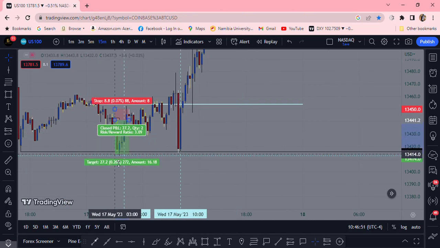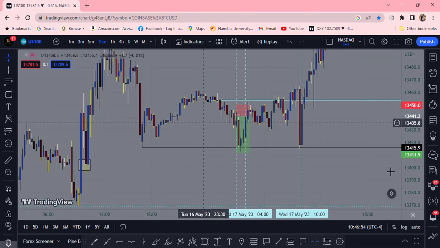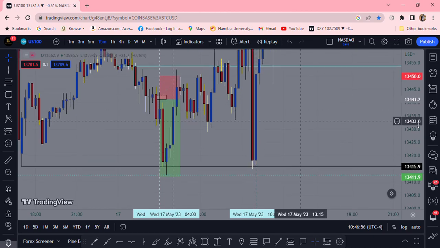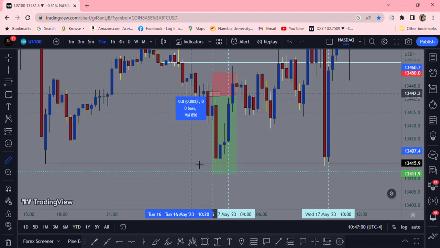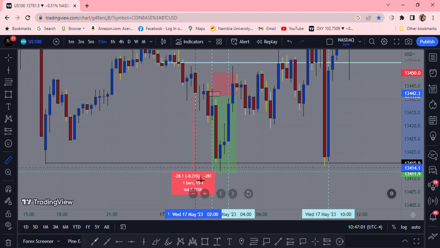The lows to be taken. Boom, done. 5 handles there, guys. How many pips is this if you had to trade in the London session? Yeah, 30 pips. 30 pips is just London.